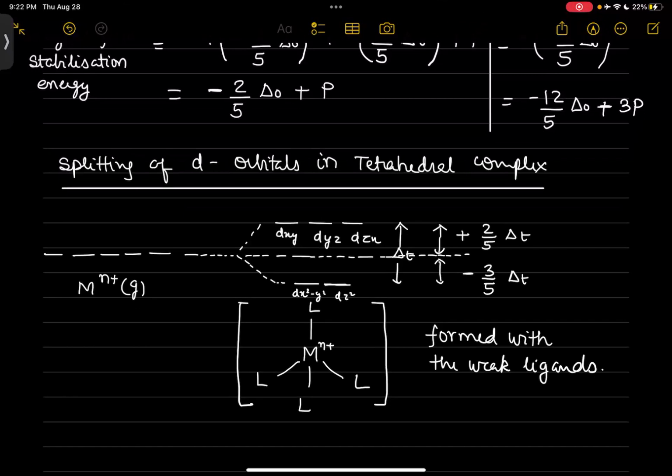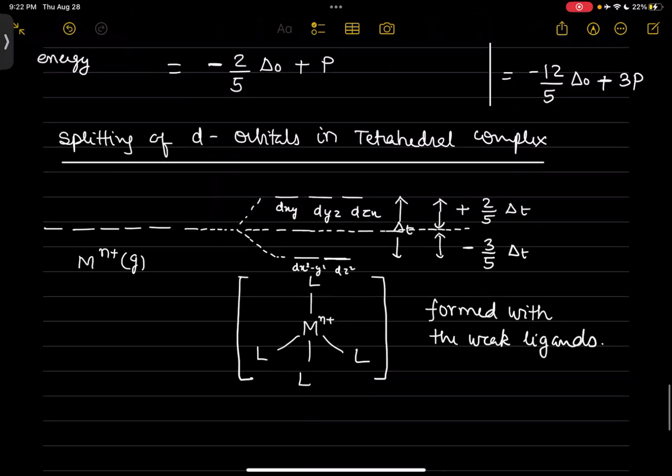So strong ligands will pair the electrons, weak ligands will let them remain unpaired. Actually, strong ligands will cause more gap in the d orbitals. That's why the electrons are filled at the lower energy level, they become paired, right? That's what the reason is. Very simple.